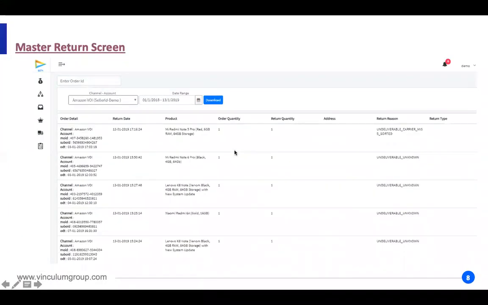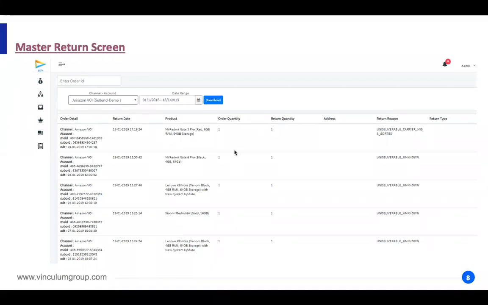Same way we have the master return screen, wherein you can see all the returns, what is the quantity of the return, what was the product returned, why it was returned to you, and the most important thing, whether any fees have been charged by the marketplace to you or not. There are two types of returns. One is the customer return, one is the courier return. In either of the scenarios, there are various policies of Amazon where you might be given financial penalties or reverse shipping charges.